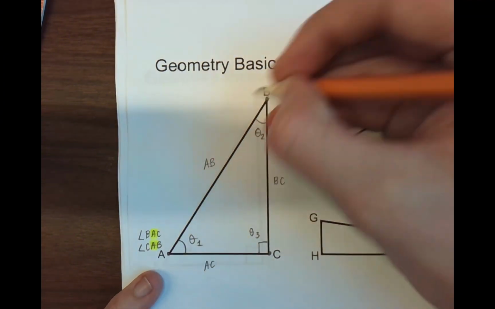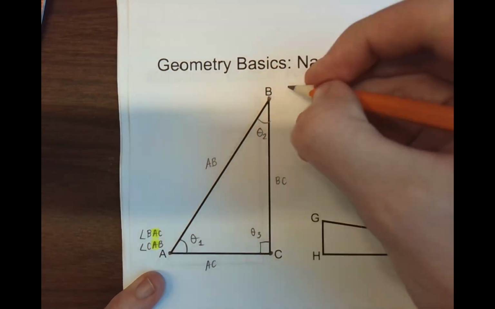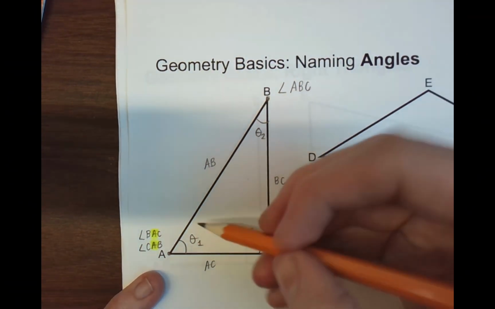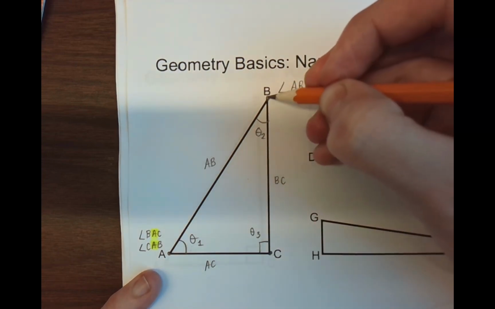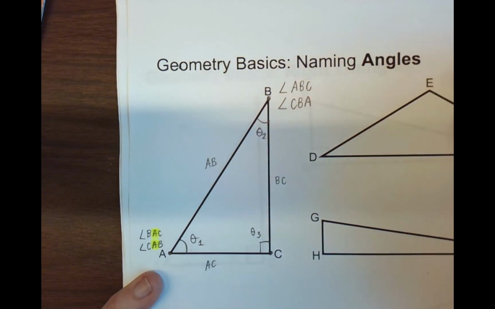So this angle, we would call angle ABC, because we go A, B, C, or it could be angle CBA.